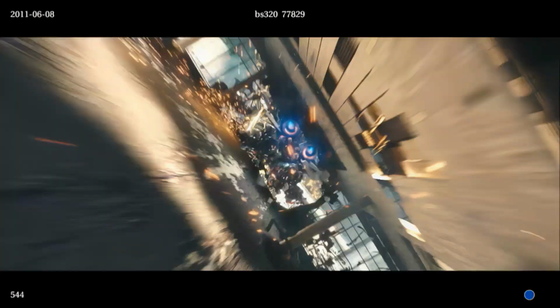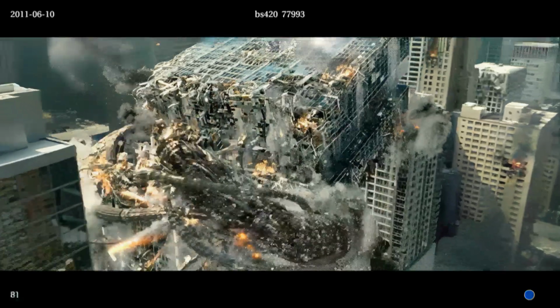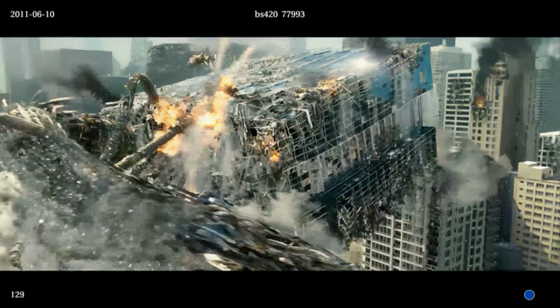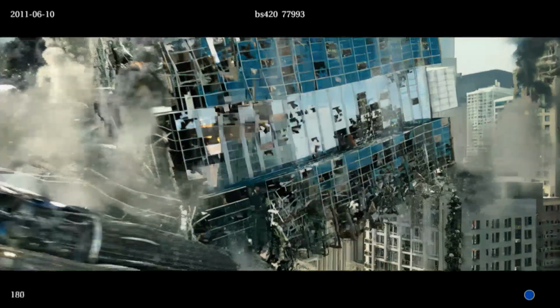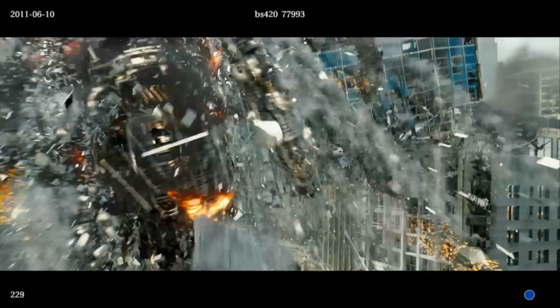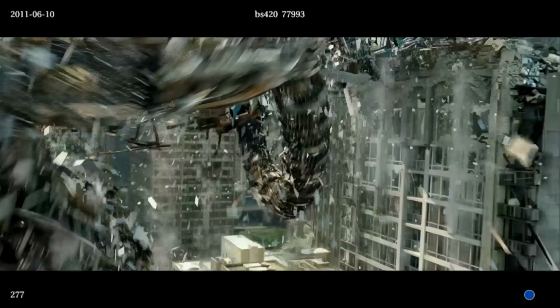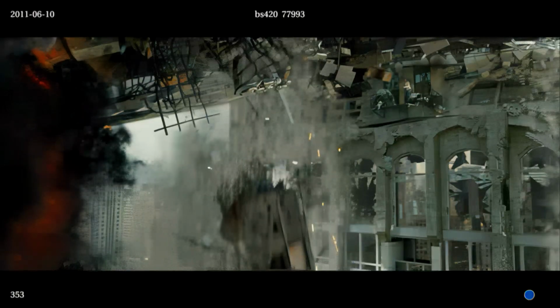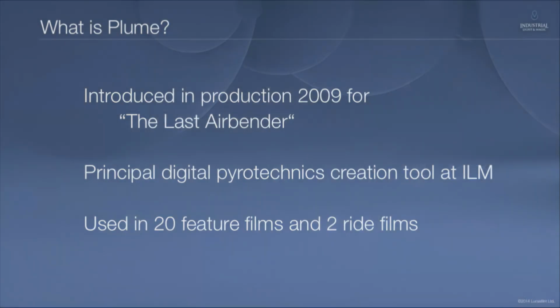In total, for Transformers, there were about 13,000 sims run for the show, in a span of about 6 to 7 months of production. This one is the biggest one, with 60 to 70 Plume elements.